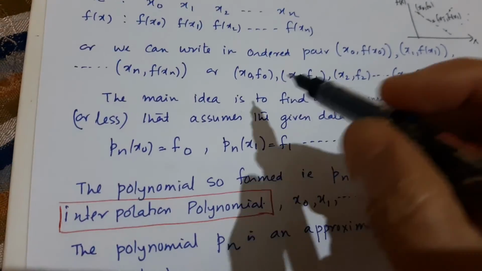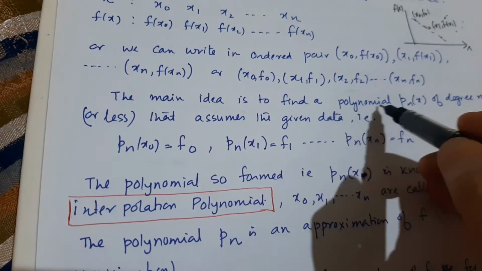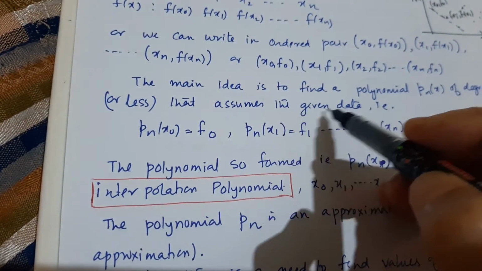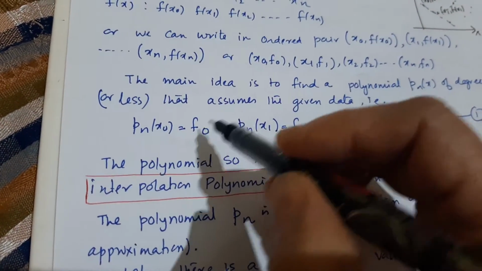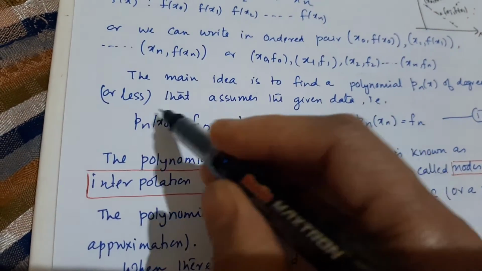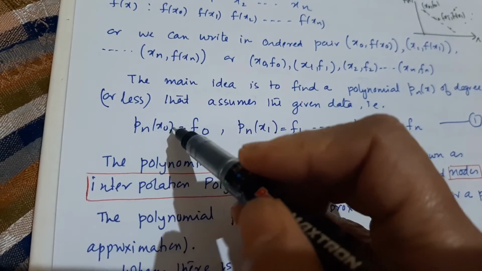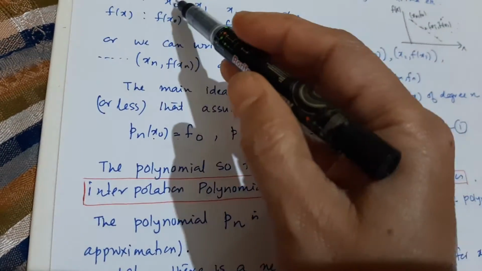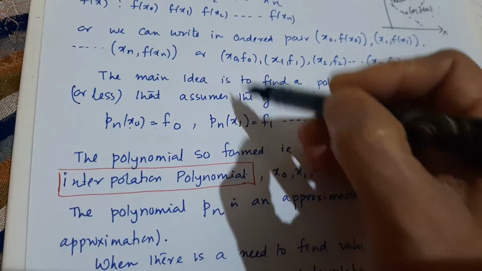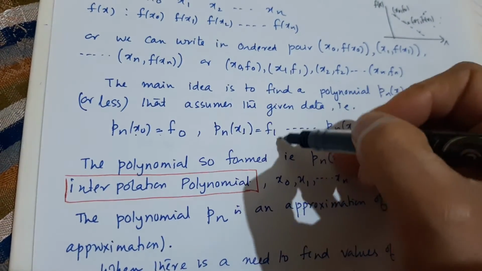Okay, so the main idea is to find a polynomial Pn of x of degree n or less that assumes the given data. So that polynomial has to fit the data. What does it mean? If I put x0 in Pn of x, that has to be equal to f of x0. Similarly, Pn of x1 has to be f of x1, and so on.